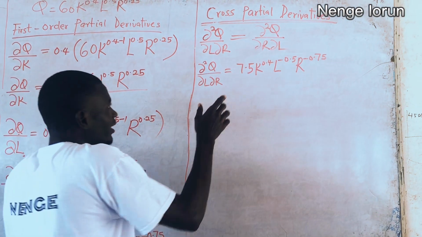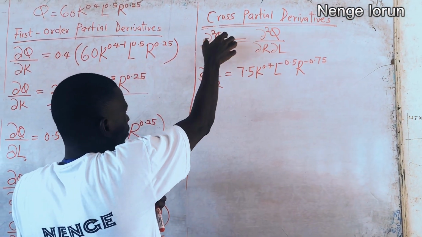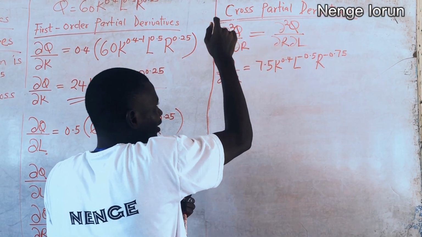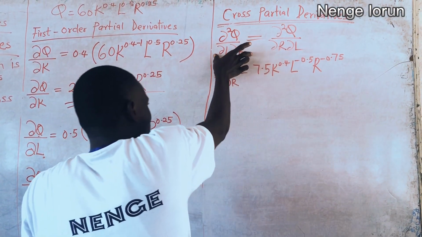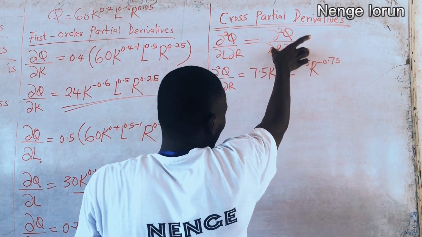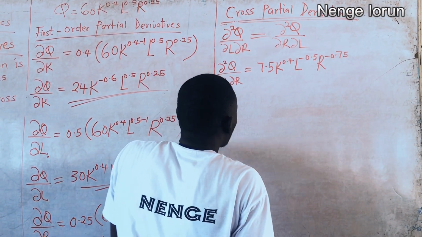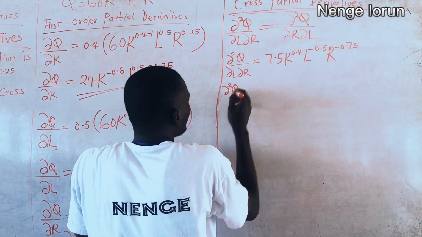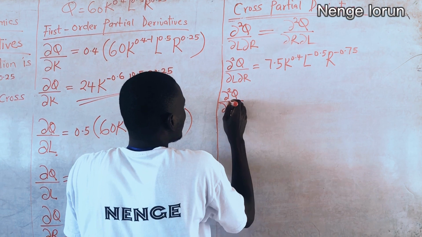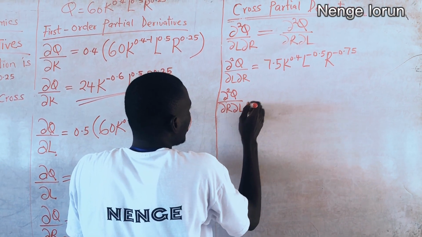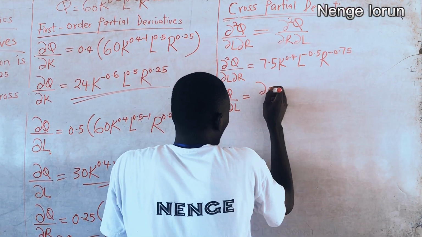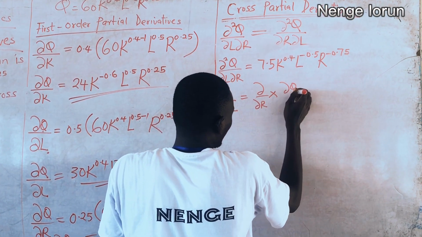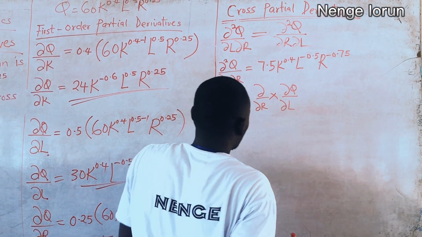So we are succeeding in getting the left hand side, which is the second order cross-partial derivative of q with respect to l and r. So it is believed that what is on the left hand side must be equal to what is on the right hand side. So we are going to compute this side. So now we have the second order cross-partial derivative of q with respect to r with respect to l, which is the same as the cross-partial derivative with respect to r times the cross-partial derivative of q with respect to l.